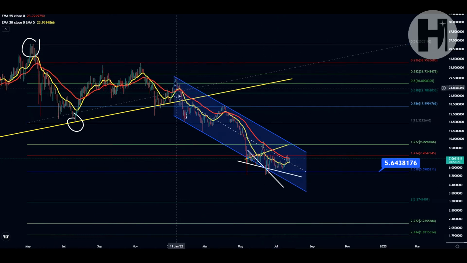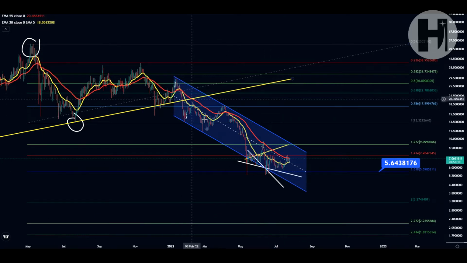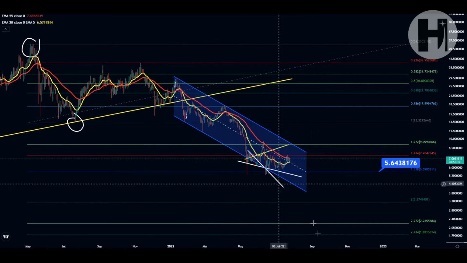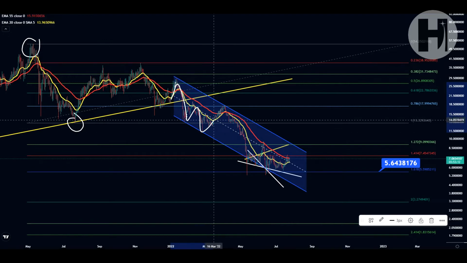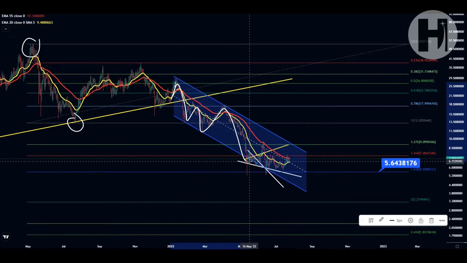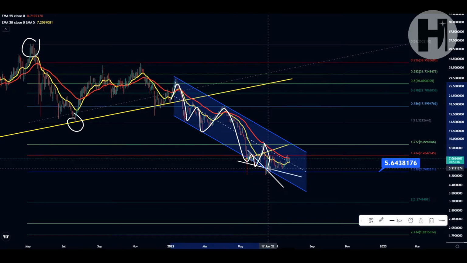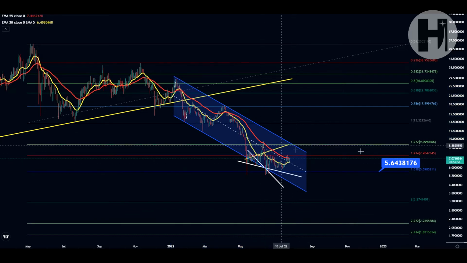And as you can see, on the large scheme of things, we are in this channel down pattern. As you can see, you're going up and down here, hitting the resistance and the support of this channel. We did lose the channel for a little bit, had a little fake out below, then we went slightly above the medium line, had a move to the support, and right now potentially we are on our way to retest the resistance of this channel once again.